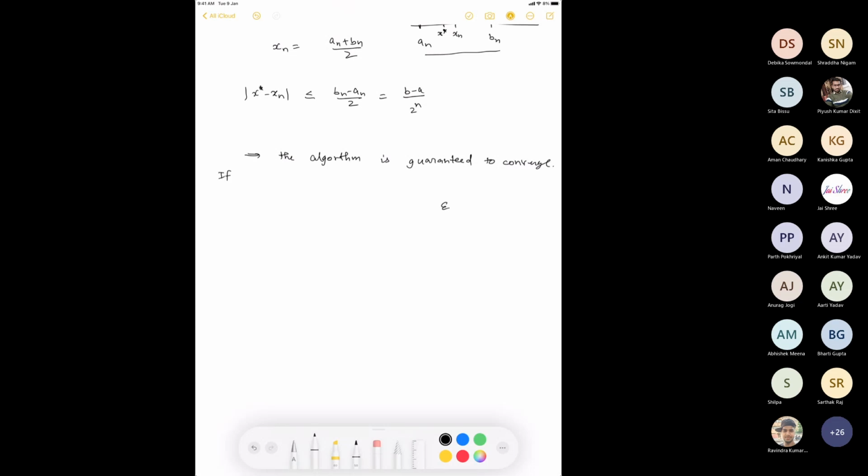If you require to satisfy mod x star minus x_n is less than epsilon for a given tolerance epsilon greater than 0, we can determine the number of iterations n which is needed to reach this tolerance. Okay.